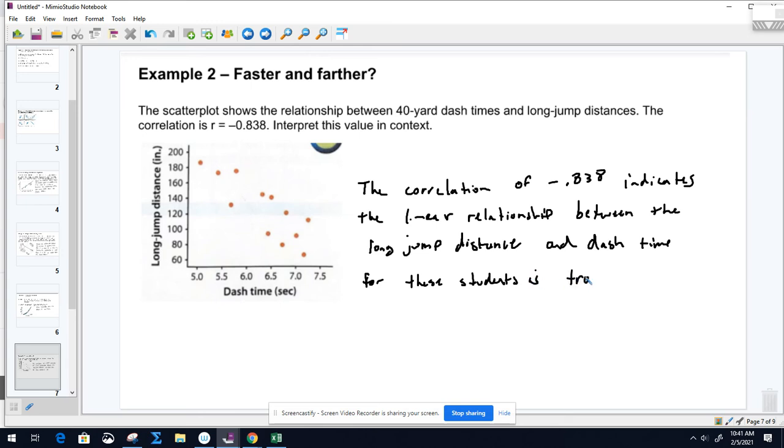Again, anything relatively over 0.8, 0.75, we would say strong. But you've got to use the word strong, the word negative, and show the linear relationship.